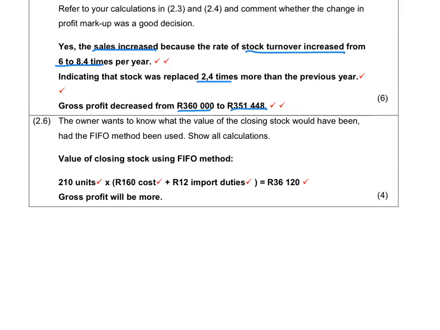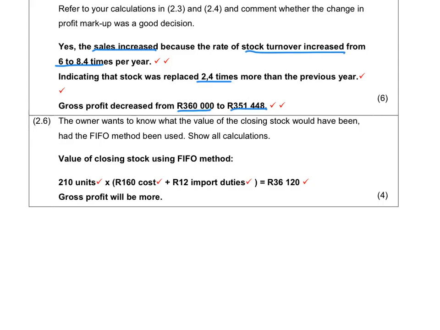Okay, if we use the FIFO method, it means that we will take the last stock that we purchased into account to work out the closing inventory, because the things that we bought first, we sold. Then the second lot that we bought, we sold. Third lot, we sold.